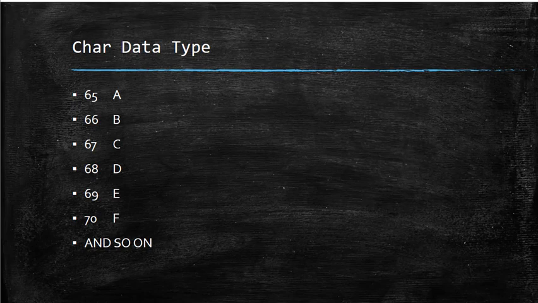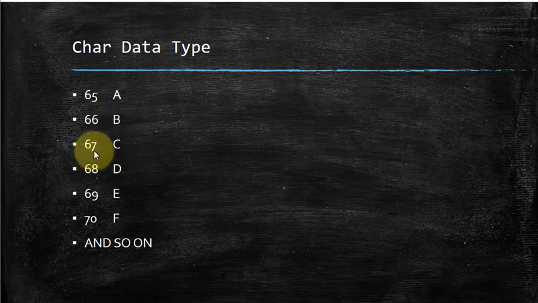When the computer is instructed to print the value on the screen, it displays the character that corresponds with the numeric value. So as you can see on the screen, for 65 numeric value corresponds the A character. For 66 it corresponds the B letter.